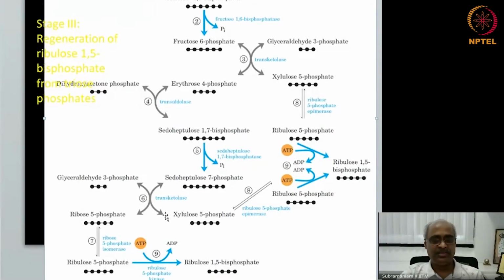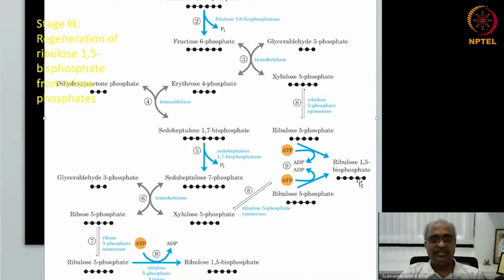For example, here this ribose 5-phosphate by an epimerase becomes ribulose, and that gets phosphorylated again, a seriously endergonic reaction requiring ATP hydrolysis, unidirectional again. So the unidirectional ones are shown in blue, forming the ribulose 1,5-bisphosphate.